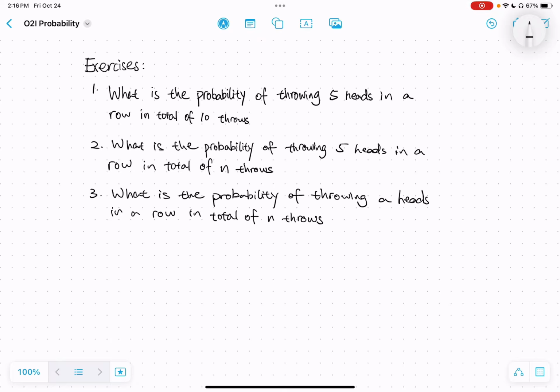And then once you find that, we keep asking what is the probability of throwing 5 heads, and this time we're asking in a total of n throws. And then for question 3, we generalize this question into throwing 8 heads in a total of n throws. Okay, so these exercises are for you, and thank you for listening.